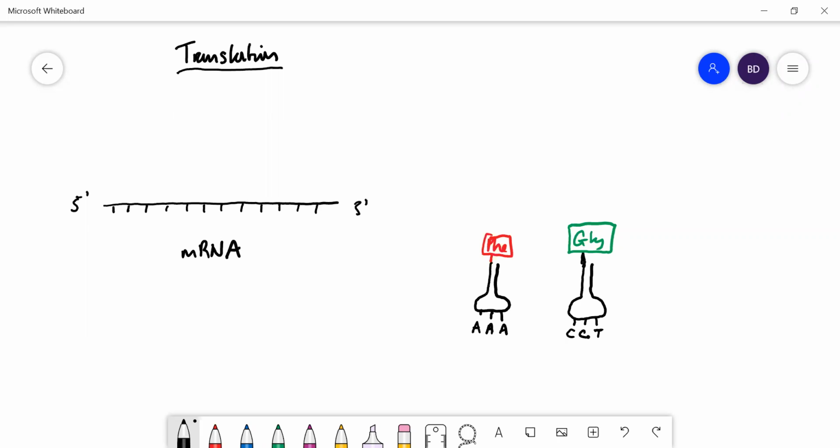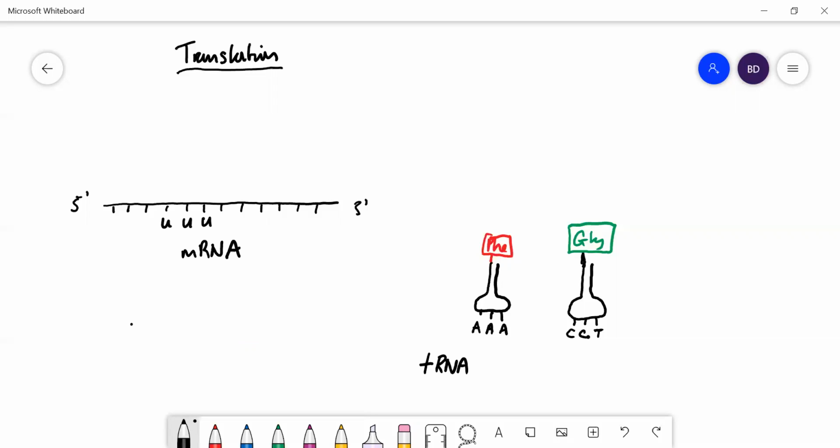So now we said that 3 bases on a piece of mRNA, 3 bases in the DNA or on the mRNA code for 1 amino acid. So let's imagine we have on this piece of mRNA, we have U, U, U. Now, in the cytoplasm of the eukaryotic or prokaryotic cell, you have these small molecules here which are called transfer RNA, tRNA.